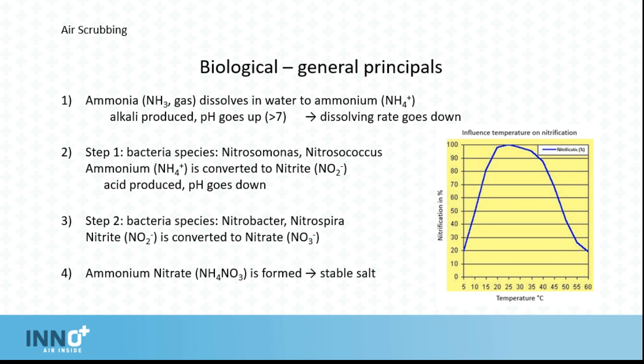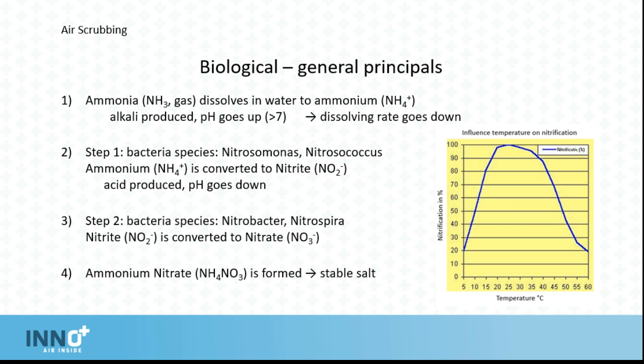It's called nitrification over there, to convert fertilizers and that kind of stuff to make sure the plants can grow from it. So what is very important in this biological part is that it's a naturally occurring process, but it should remain stable for the ammonium nitrate to form.